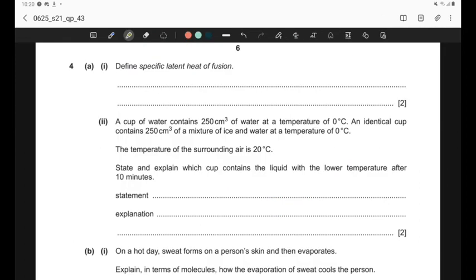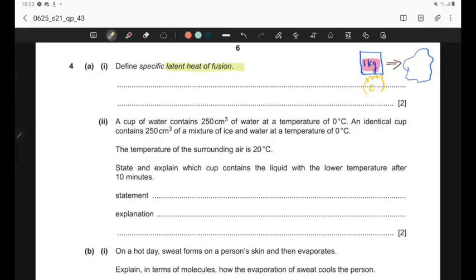Question 4. Define specific latent heat of fusion. This definition is very important. You can see it in so many past papers, so you have to study the definition. Latent heat of fusion is nothing but, if you have 1 kilogram of a solid substance, and here a very important point is the solid substance should be 1 kilogram, then in order to convert this solid completely into liquid, how much heat energy we need to supply to this system?